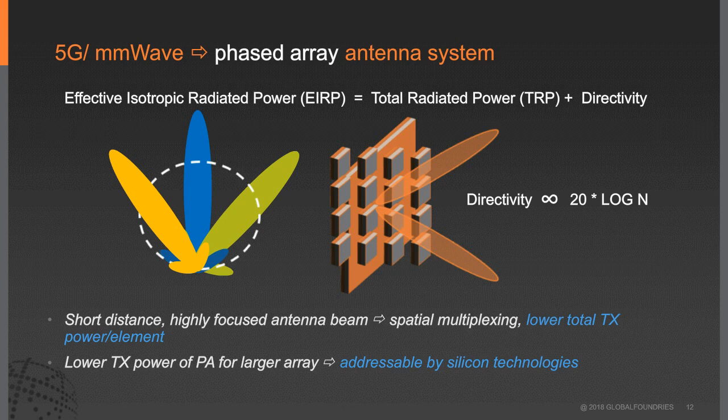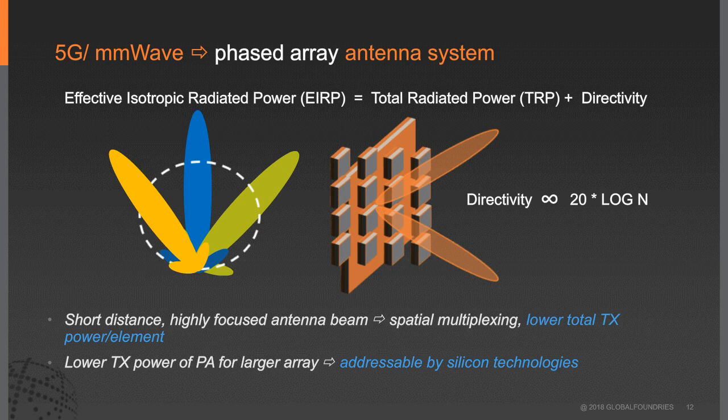On the transmit side, each element of the array generates power. In addition, the array has array gain. So the equivalent isotropic radiated power, or EIRP, is the product of the transmit power and the antenna gain in a given direction relative to an isotropic antenna of a radio transmitter.